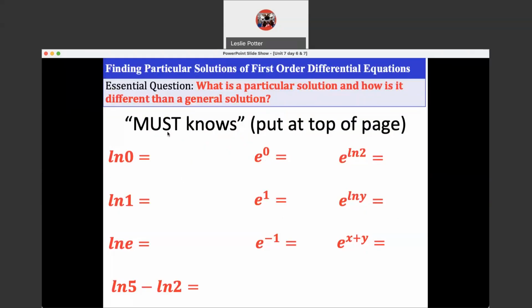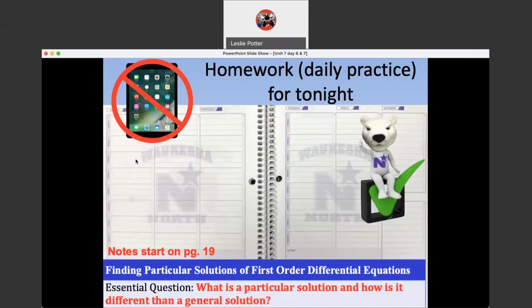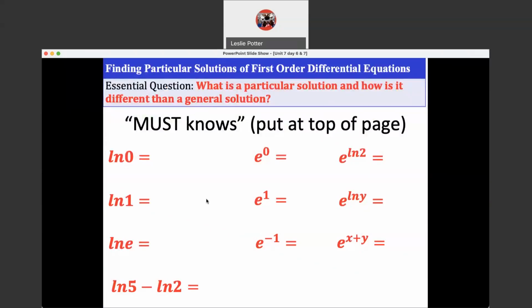Okay, so the first thing we need to do is, and you can just squeeze these at the top of your page in your notes, so the top of page 19, right above the first example. We need to know these values and these properties down here. These are as important as the unit circle, and the unit circle is pretty important.